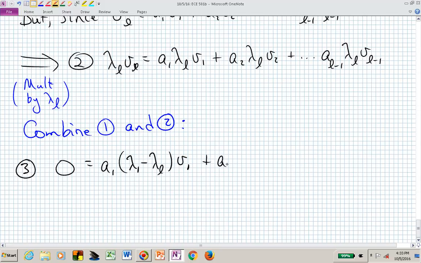Plus A sub 2 times lambda sub 2 minus lambda sub L, V sub 2, plus all the way down to A sub L minus 1 times lambda sub L minus 1 minus lambda sub L, V sub L minus 1.